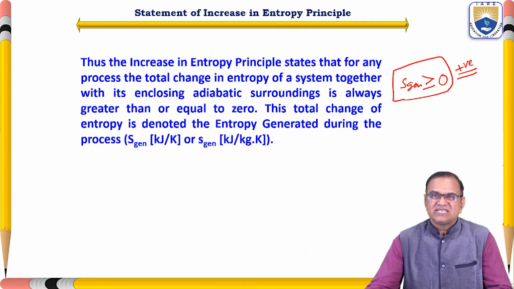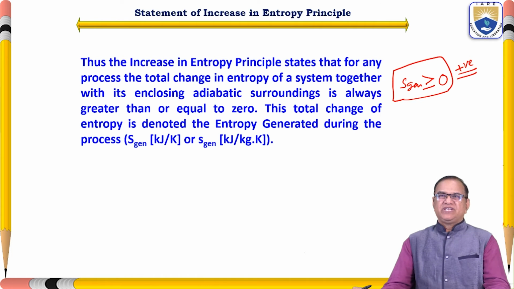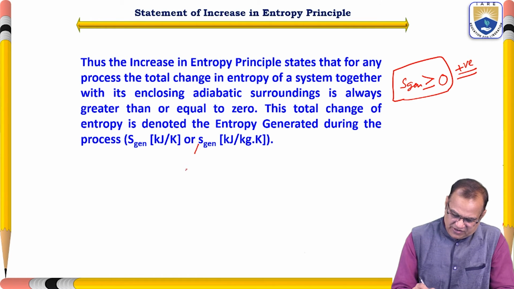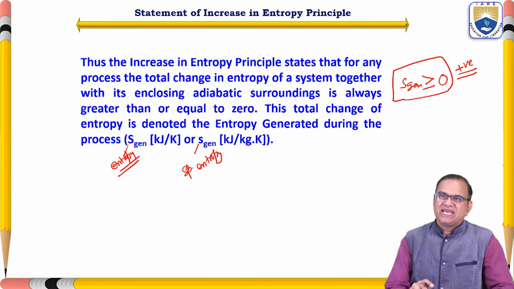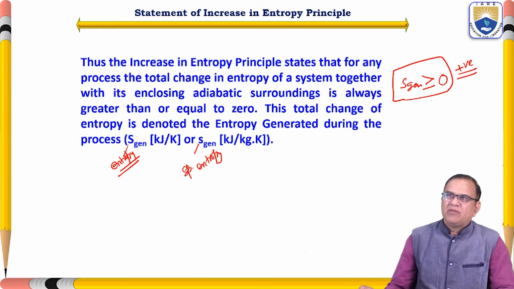The unit is kilojoule per Kelvin or kilojoule per kg Kelvin. If it is the specific entropy, it is per kg, and this is only entropy, for the mass.